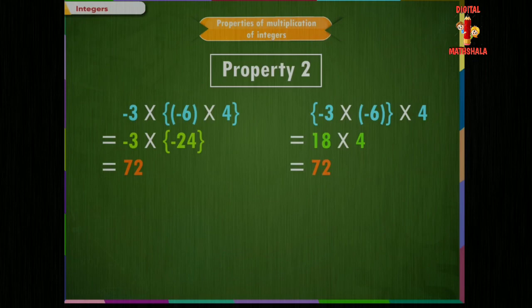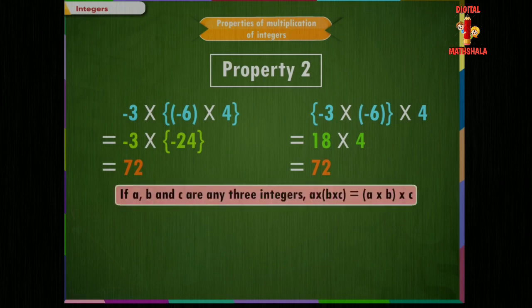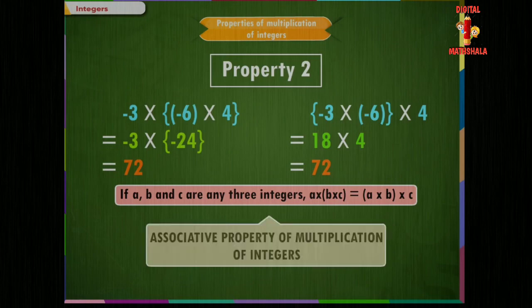Thus, these two expressions are the same. So, when three integers are given, it is not necessary to multiply them in the order in which they are given. These integers can be grouped as per convenience and multiplied. Thus, if a, b, and c are any three integers, then a into (b into c) is equal to (a into b) into c. This is called the associative property of multiplication of integers.